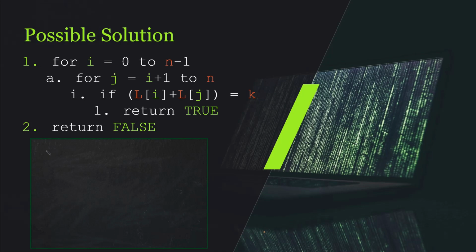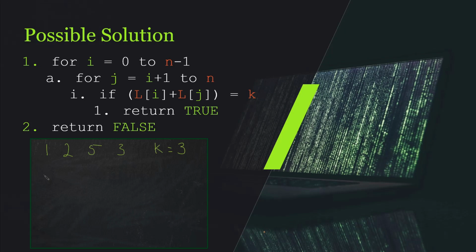All right, let's take a simple list: 1, 2, 5, and 3, and let's say we're looking for k to be 3. We can instantly see that this should return true because 1 plus 2 is 3. So let's walk our algorithm through and see if we actually get true.